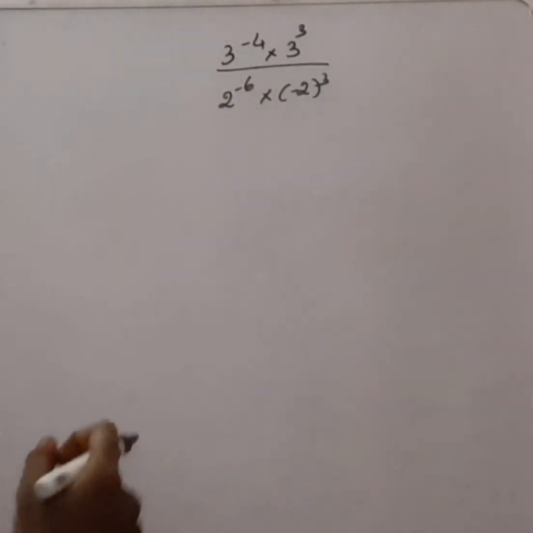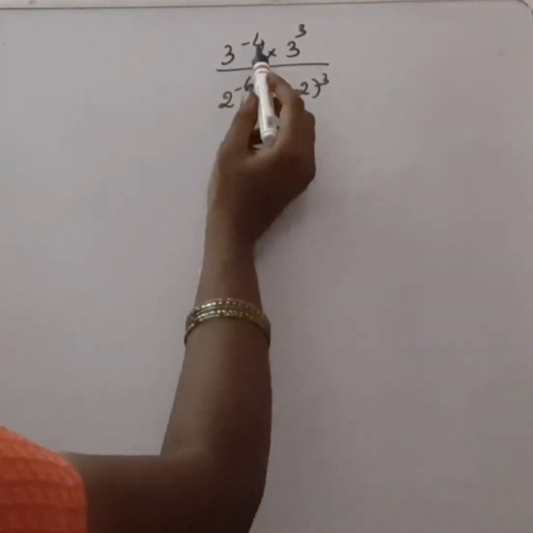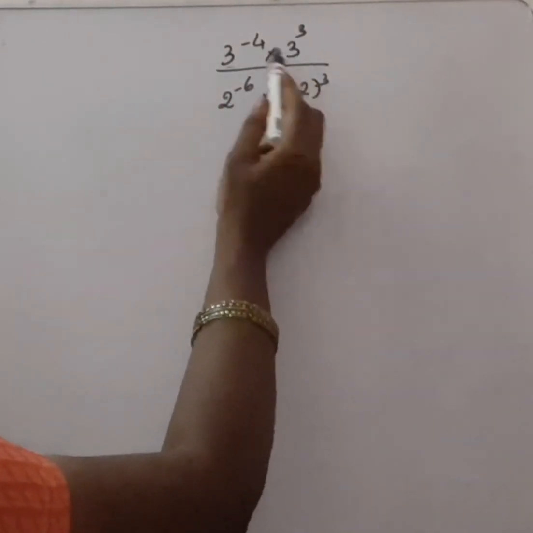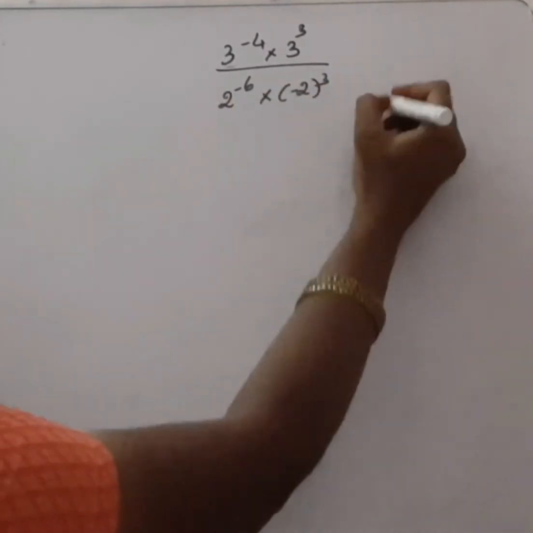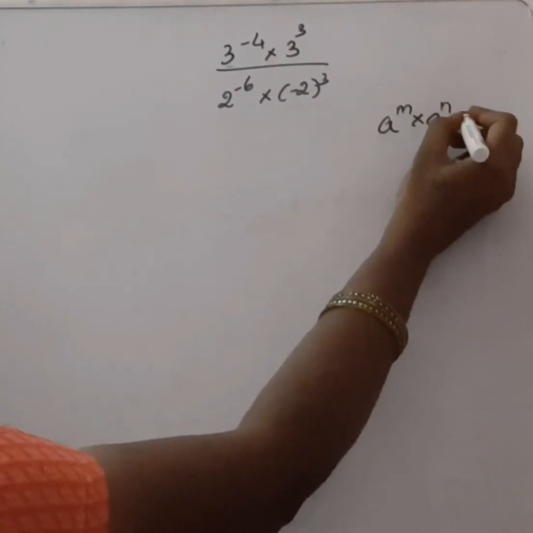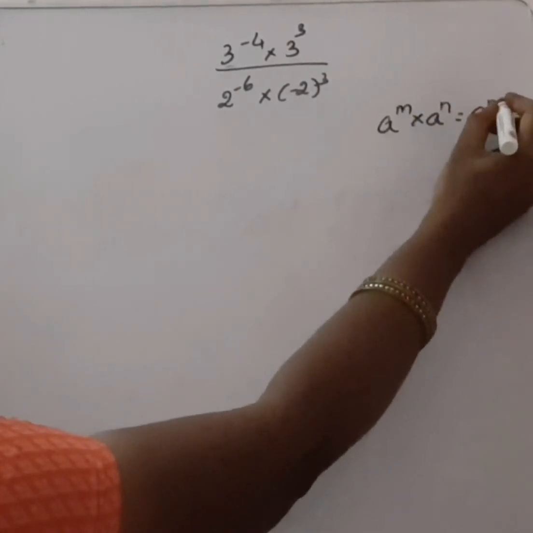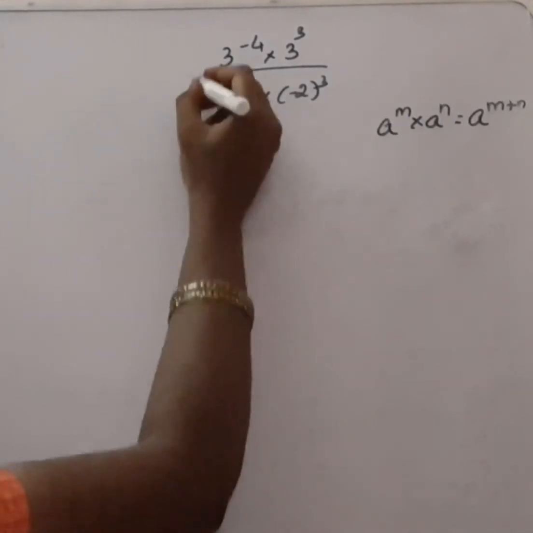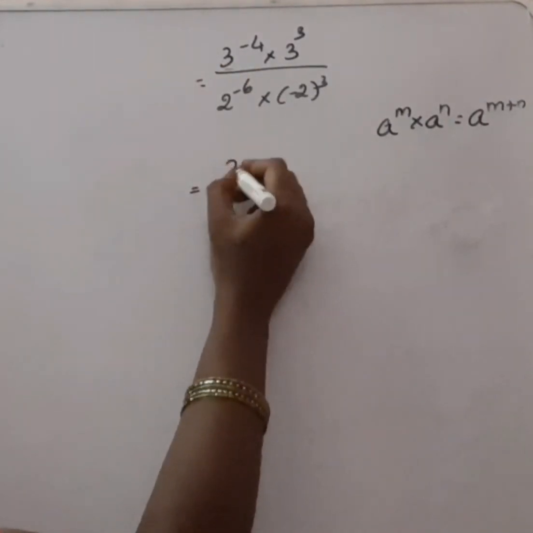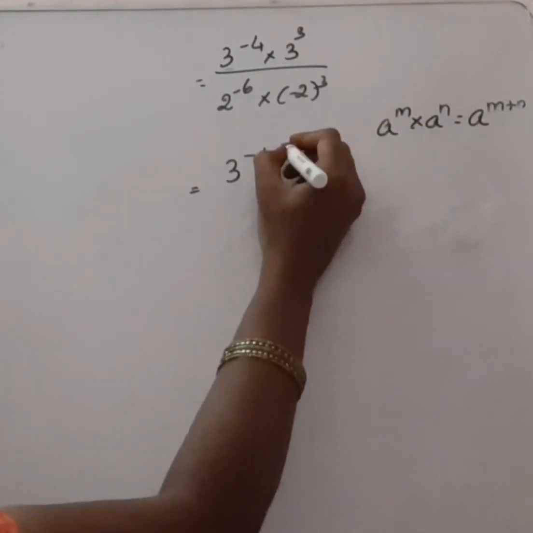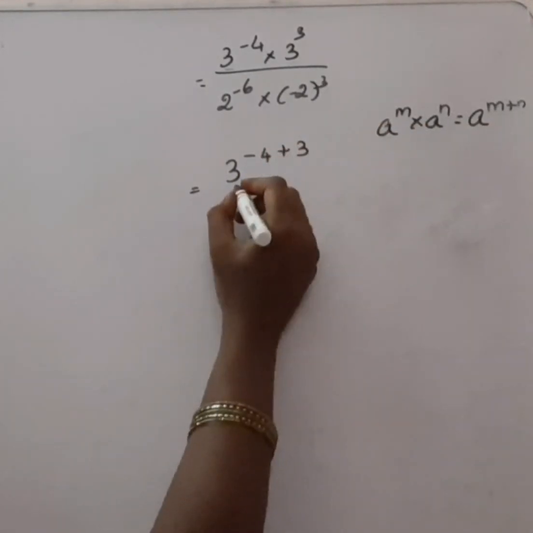Now, the next step is 3 power minus 4 into 3 power 3. Here, the bases are the same and the powers are different. So, we want to use the property a power m into a power n equals a power m plus n. So, what we get now? 3 power minus 4, and the operation is plus, the n value is 3.